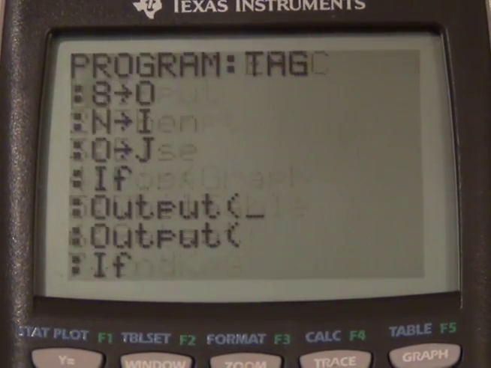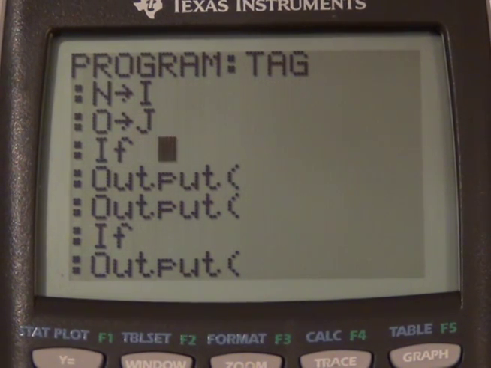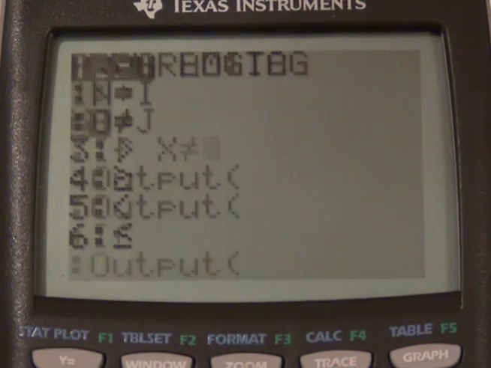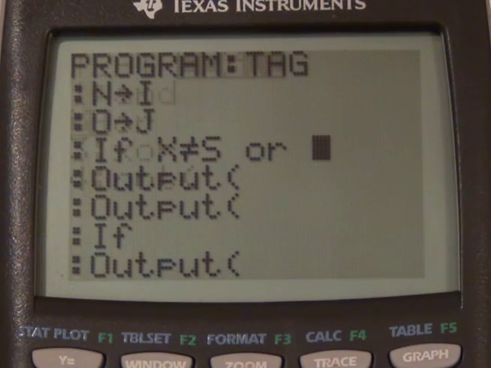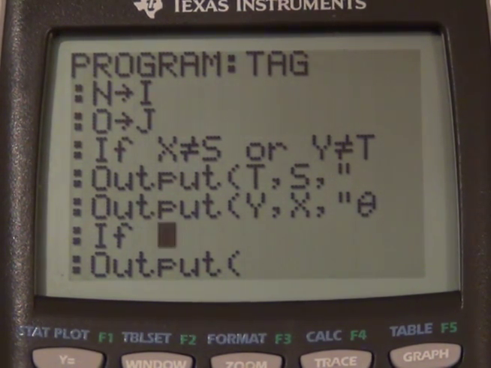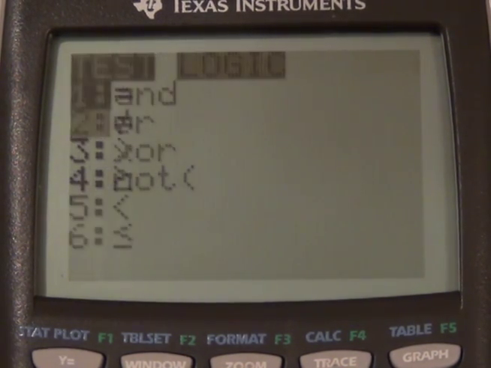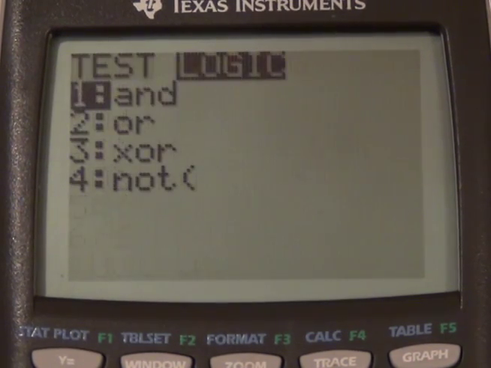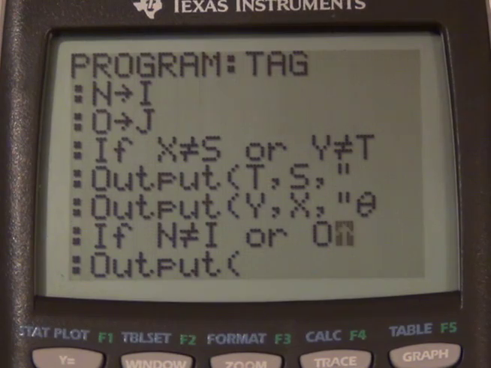Okay, so basically what I'm doing here is I'm checking if we moved, and then I'm going to check if they moved. We will look like a theta. They are going to look, I guess we can use an X for them.